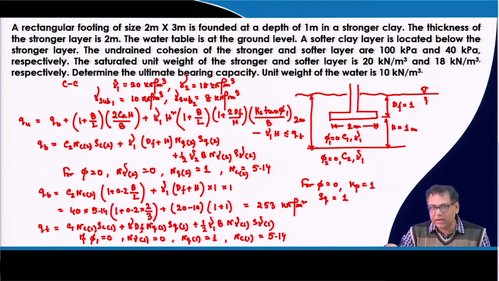If it is the bottom layer, then the surcharge is considered differently. If you look at the original derivation, these stresses are assumed to go down like a straight line, a straight zone or strip where the dotted lines are.